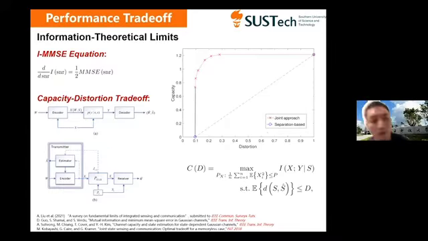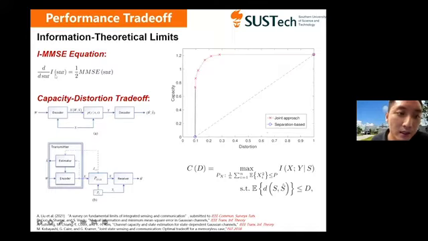The first one, of course, is the so-called information theoretical limits, from the fundamental theory. The information theoretical limits between sensing and communication is not a new story, because in a very classical paper by Dongning Guo from the USA, published in IEEE Transactions on Information Theory in 2006, they proposed a very elegant equation, known as the I-MMSE equation.